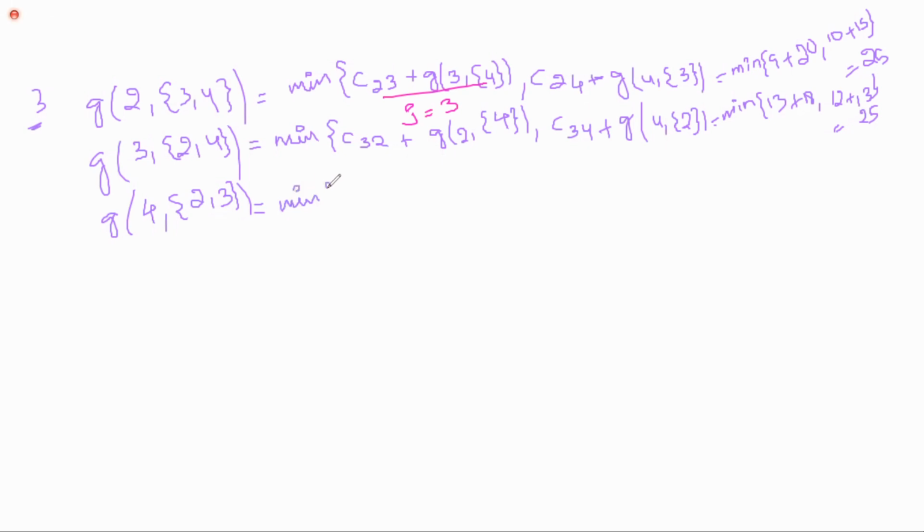Next here, what will you write? Minimum of C4. First I'm assuming my J equals 2. So G of 2 comma 3 comma C43 plus G of. Now minimum of C42, what is the value? 8, ma'am. Plus G23, 15. 15.